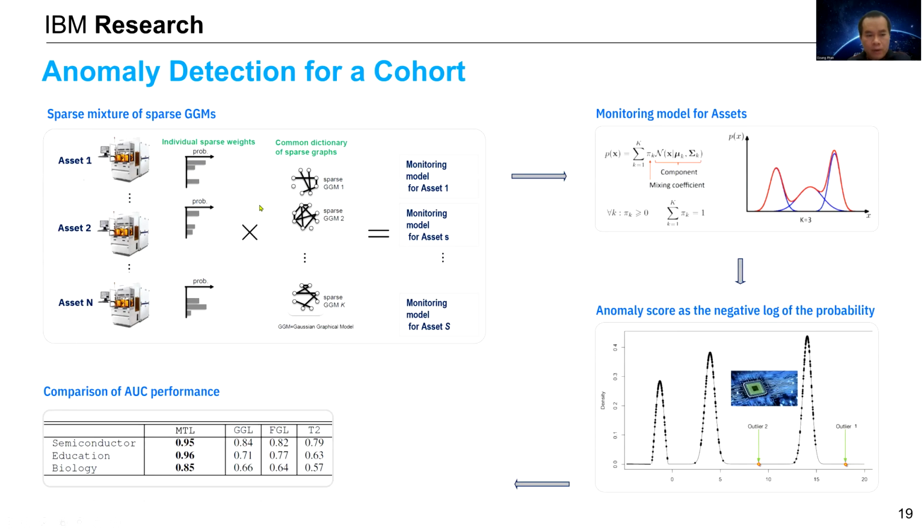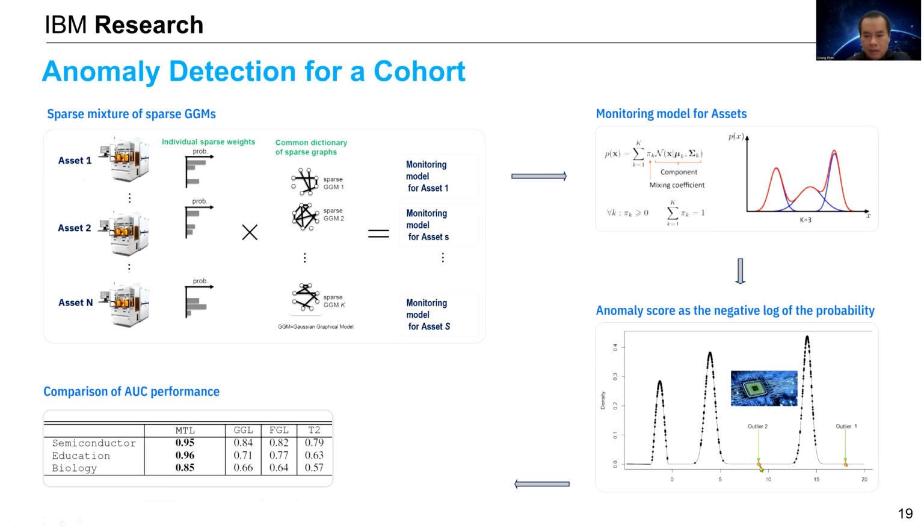From that, we can get the model for each asset, and then we can use this one to do the modeling. Then we can apply the second step to compute the abnormality score, in this case without using log likelihood.